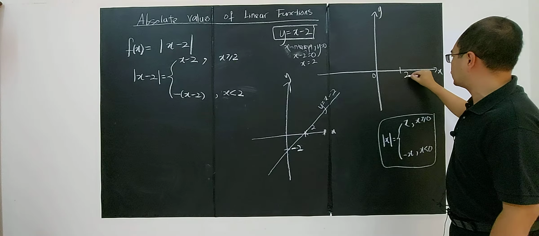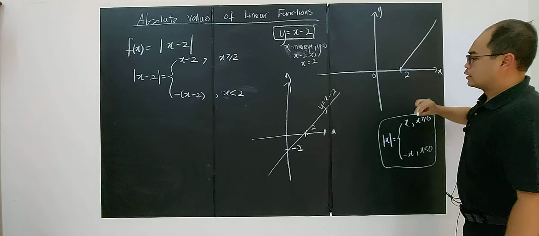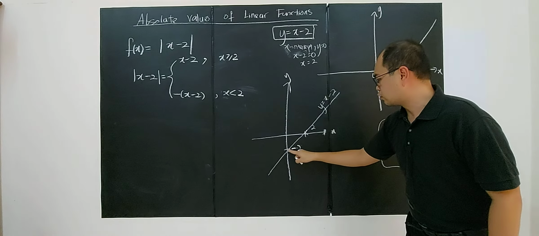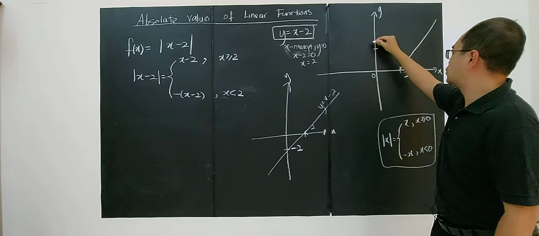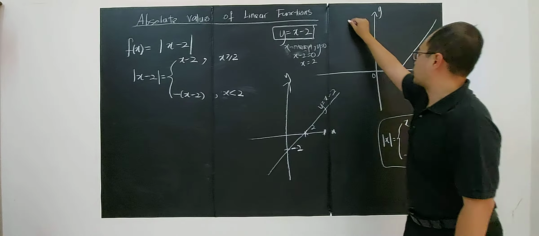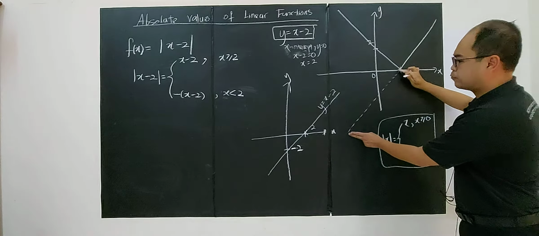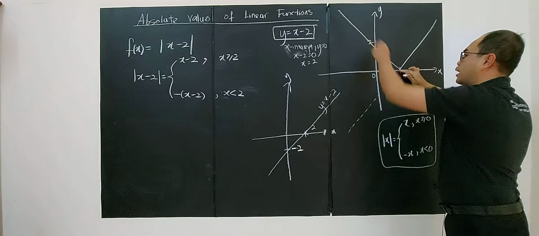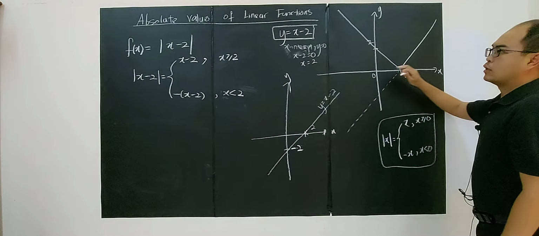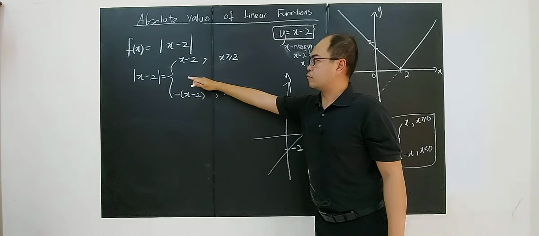So I'm going to draw here 2. And before 2, negative 2 will go to 2. So this is the graph, where the negative part of y will be going up.